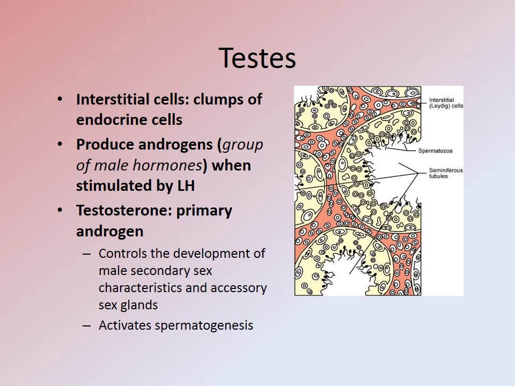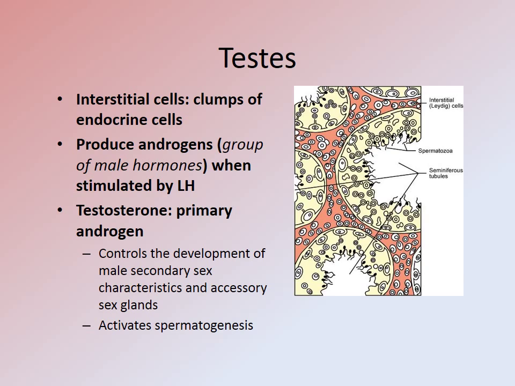Within the testicle itself, there are interstitial cells. Interstitial means in between the tissues. In the testes, there are cells, and these are a group of endocrine cells, and they produce androgens, which is male hormones, like for example testosterone, right? And it produces androgens when it's stimulated by the luteinizing hormone from that anterior pituitary gland.